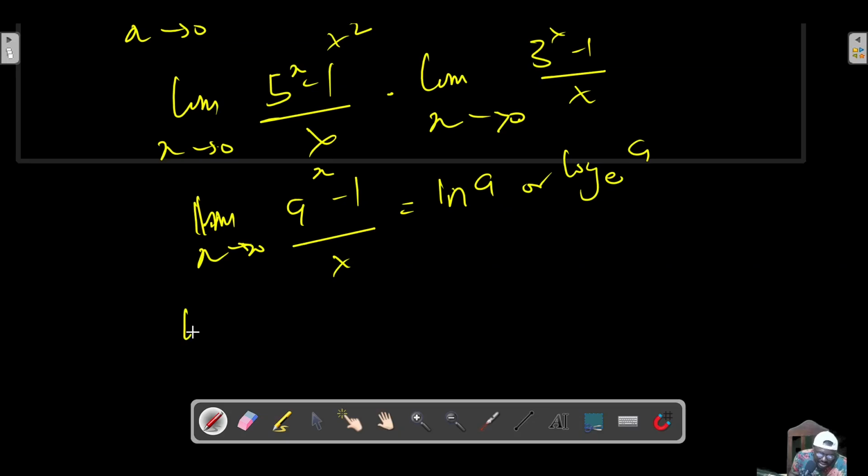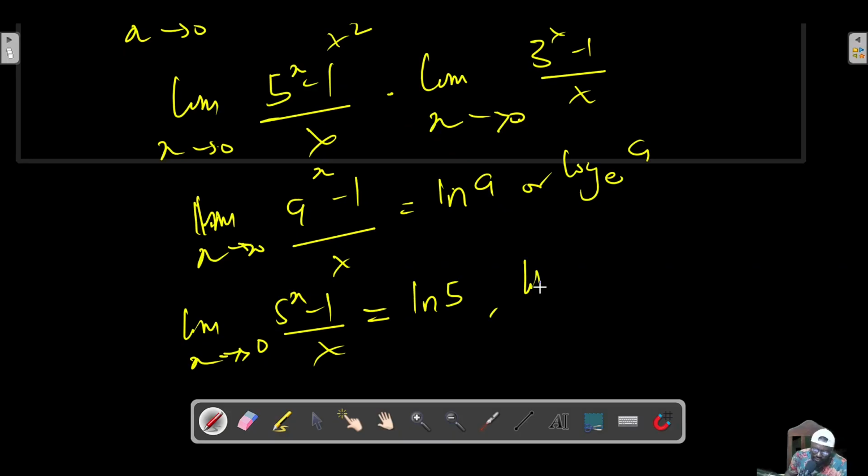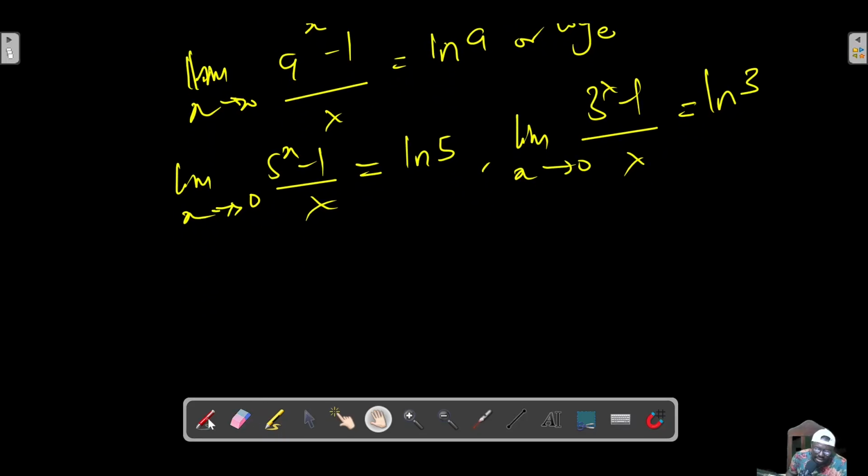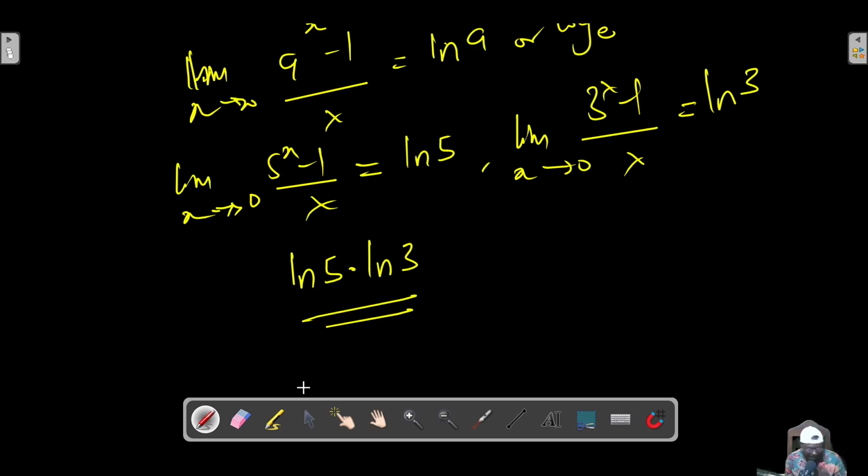So I can say the limit as x approaches 0 of 5 raised to the power x minus 1 on x is equal to the natural logarithm of 5. Similarly, the limit as x approaches 0 of 3 to the x minus 1 divided by x is equal to the natural logarithm of 3. And since these limit expressions are multiplying, I end up with ln 5 multiplying ln 3. Simple.